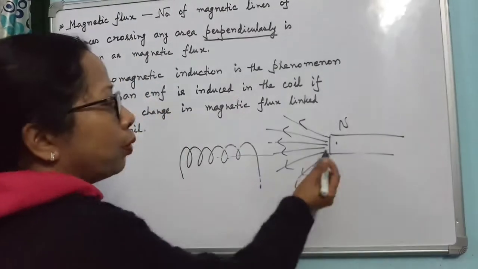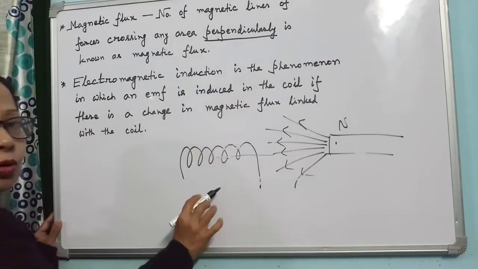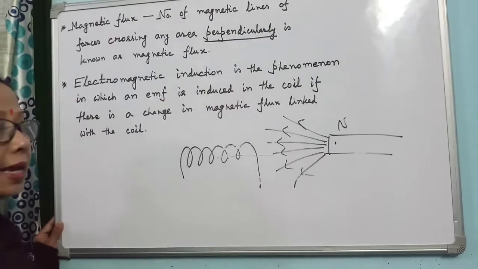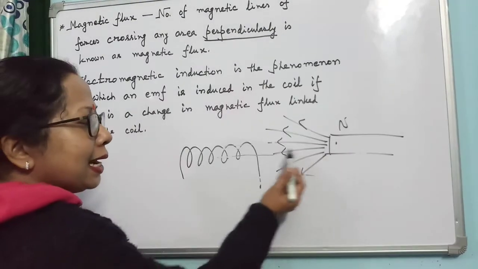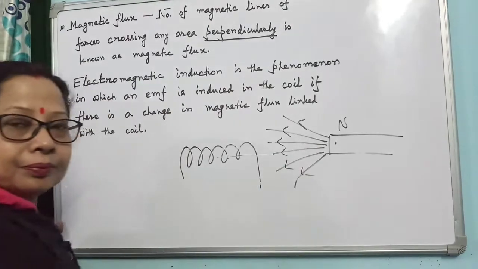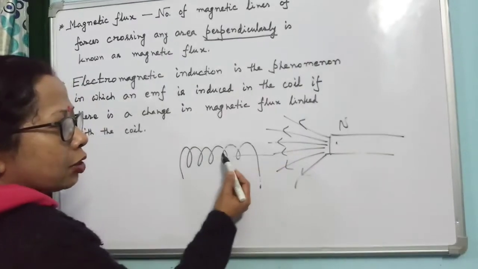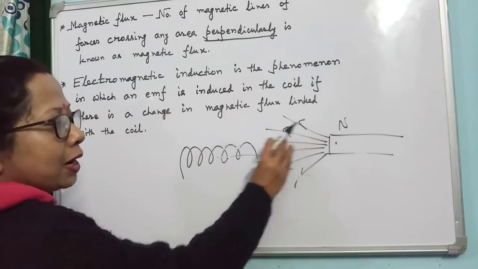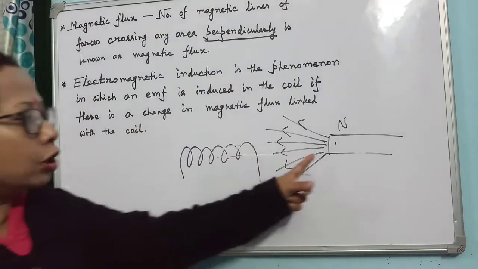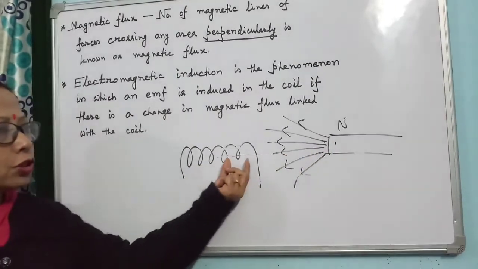When the north pole is moving towards the coil or moving away from the coil, then what is happening? The magnetic flux linked with the coil is changing. Yes or not? When the north pole is moving towards the coil, more lines of force will cross the coil.